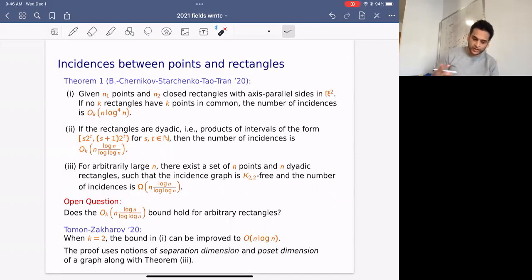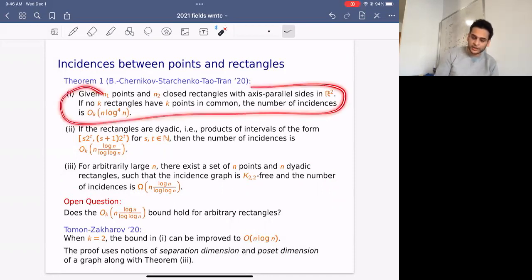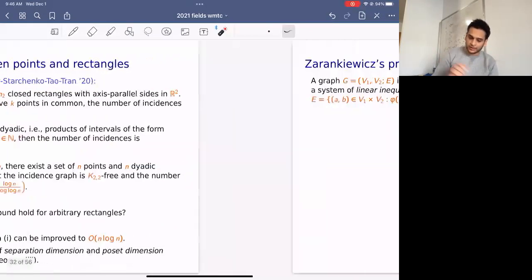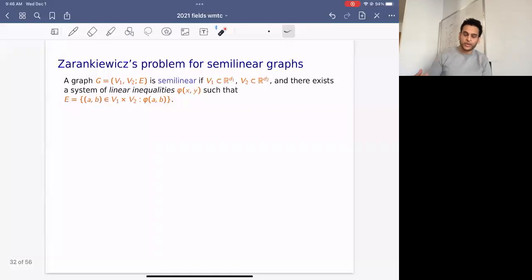Okay, right. So I said I'd talk a little bit about how we get this theorem. It is a consequence of a much more general theorem. What does the more general theorem say? We look at these things called semilinear graphs. So now you have a semi-algebraic graph, and I restrict my inequalities to be linear. My vertices are points in R^{d1} and R^{d2}, and my relation is given by a system of linear inequalities.